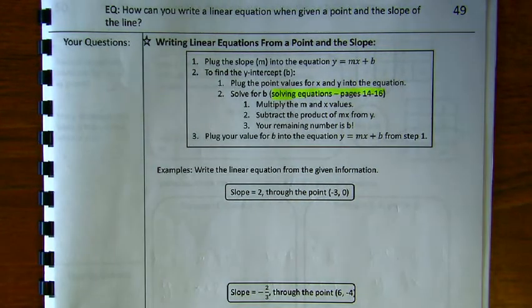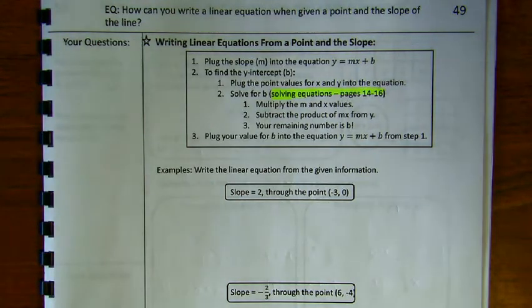You'll multiply the m and the x values, subtract the product of mx from y, and your remaining number is b. Then, to get your equation, plug your value for b into the equation y equals mx plus b from step 1.